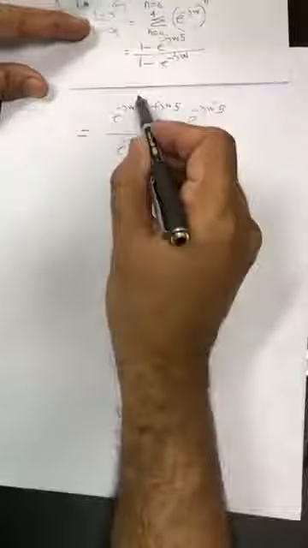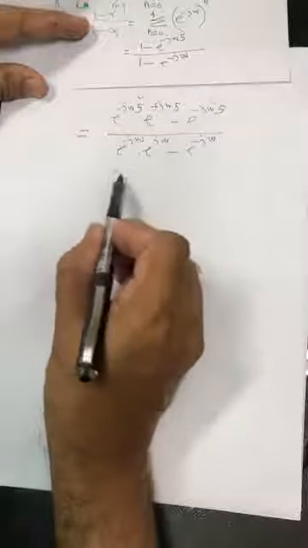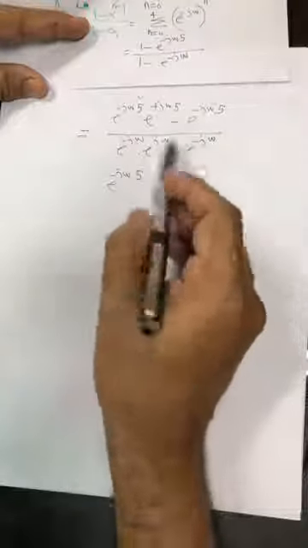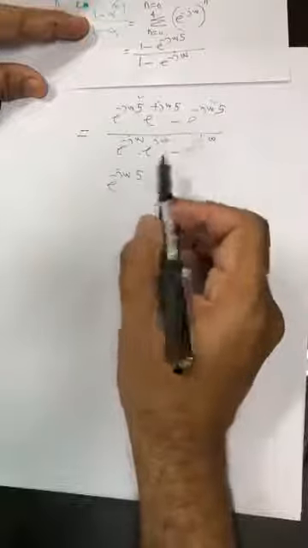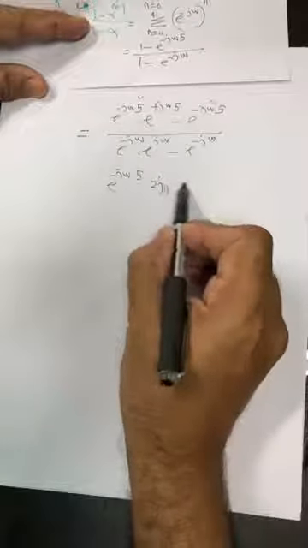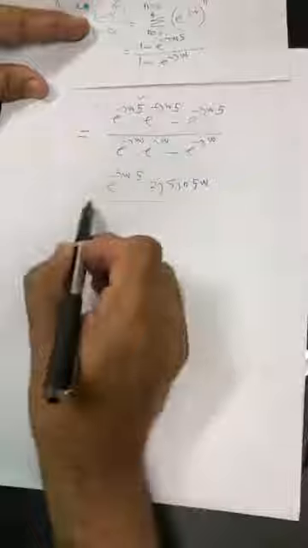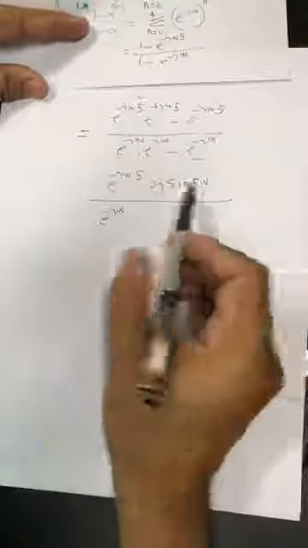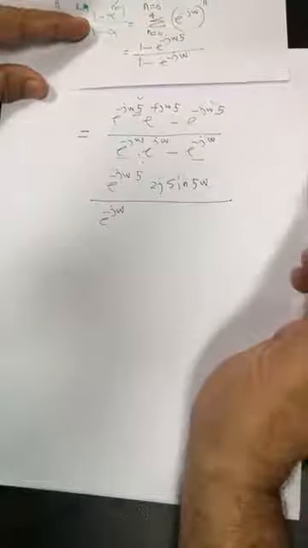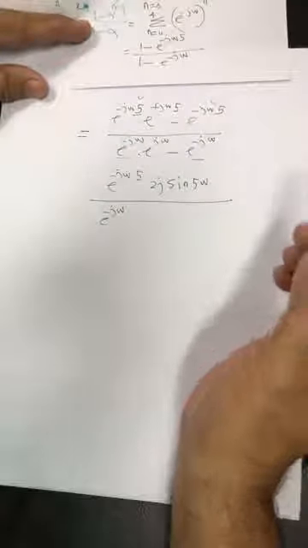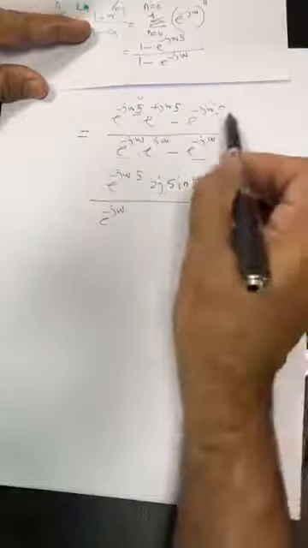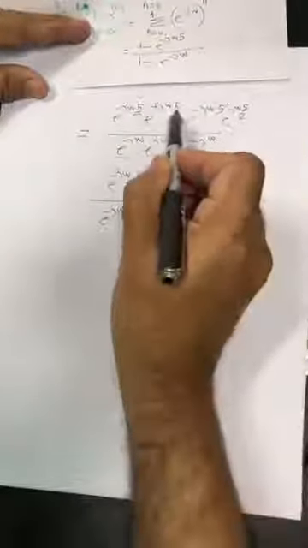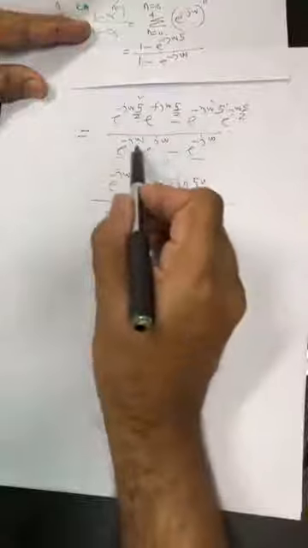So in the numerator, you take exponential minus j omega 5 common, and what is left is 2j sine 5 omega. Similarly, in the denominator, you take exponential minus j omega common, and what is left is 2j sine omega over 2.